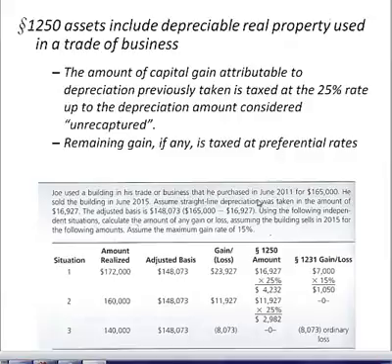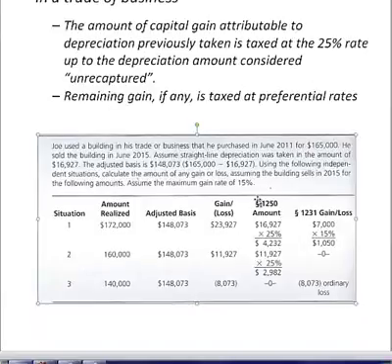So let's look at the example that we're given down here. Here we're going to calculate the gain and then also calculate the tax that is applied to the gain. Joe used a building in his trade or business that he purchased in June of 2011 for $165,000. He sold the building in June of 2015. Assume straight-line depreciation was taken in the amount of $16,927.